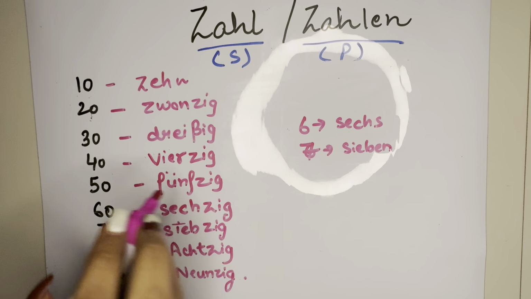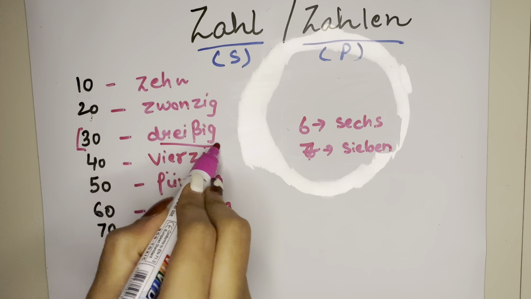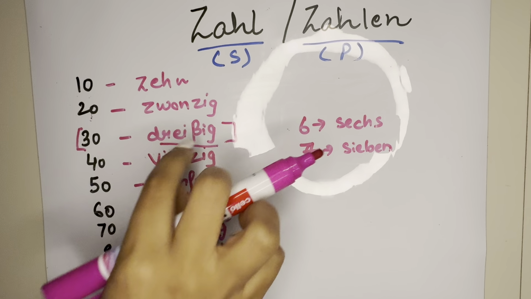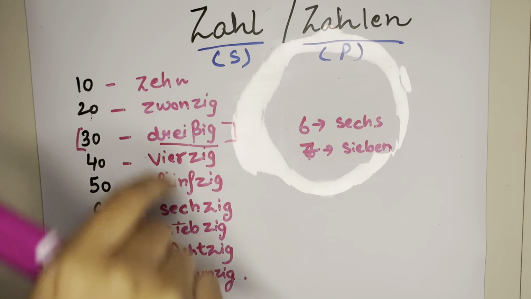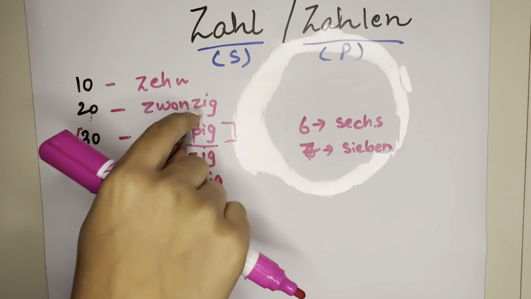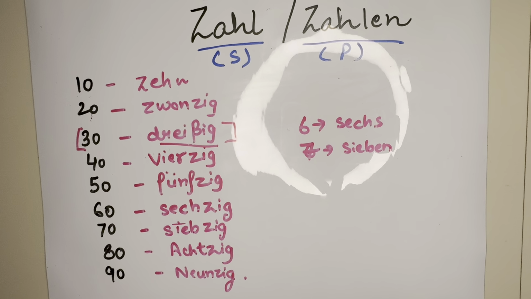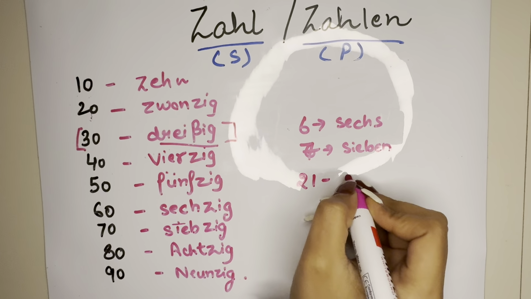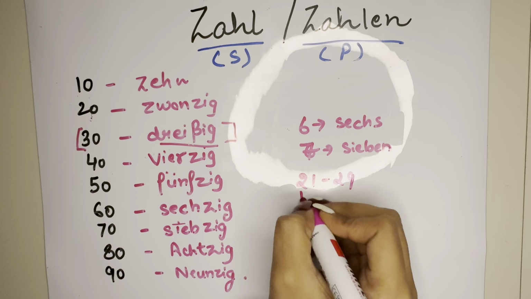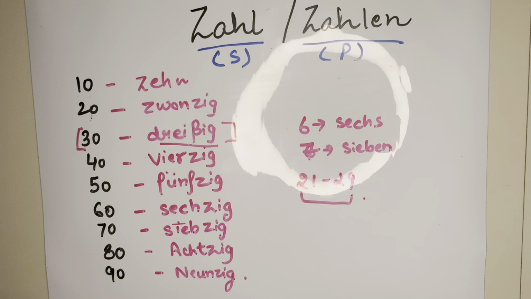So out of all this, you can see only in 30 there is a little change, that we are using this ß sign, that is double s. Otherwise we are only using this zig at the end, right? And the way in which we wrote the numbers from 21 till 29, the same way we have to use for all the numbers in between them.